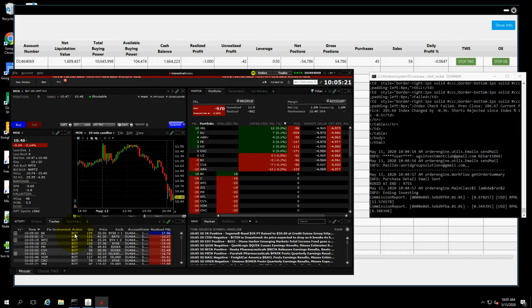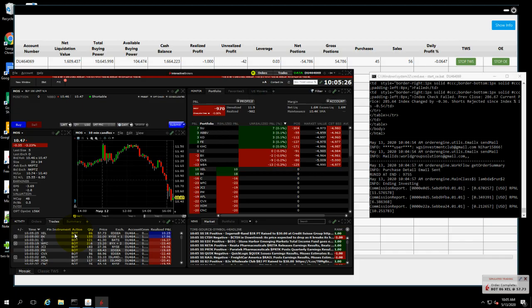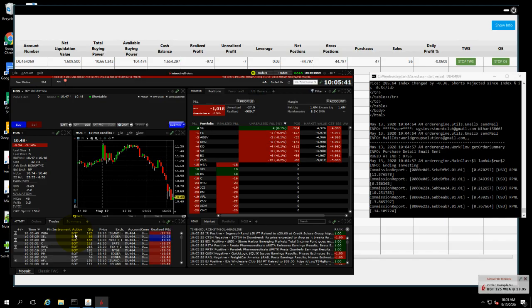So let it trade on its own, and then at the end of the day, we will see where it goes. The market is extremely volatile at this point of time. But the good thing I'm trying to point out is, set any type of configuration and let it run. You don't have to touch it. It's doing everything completely on its own.